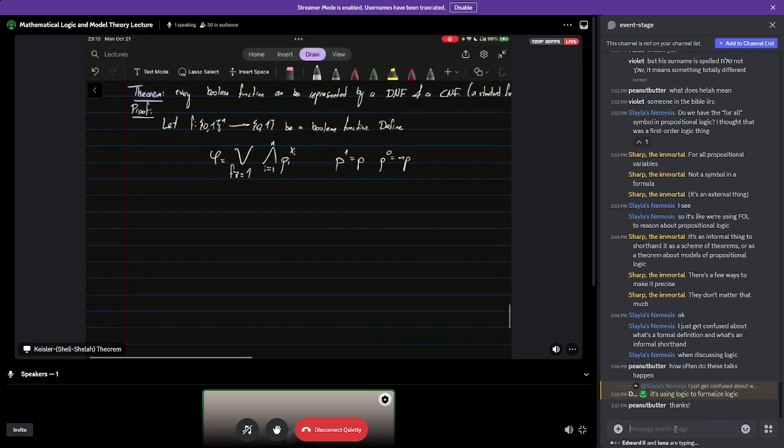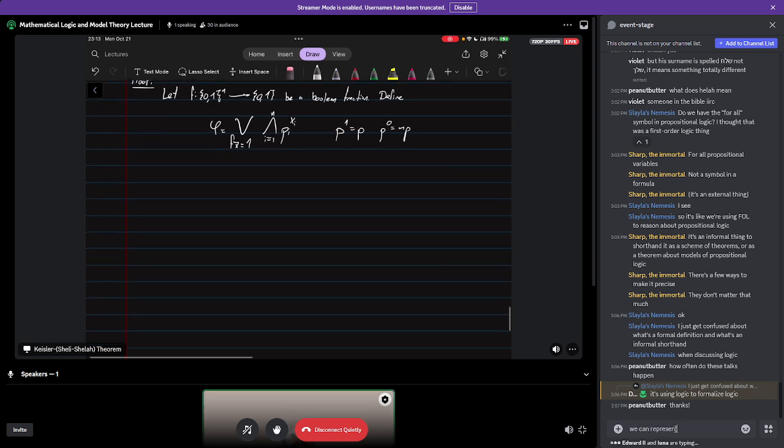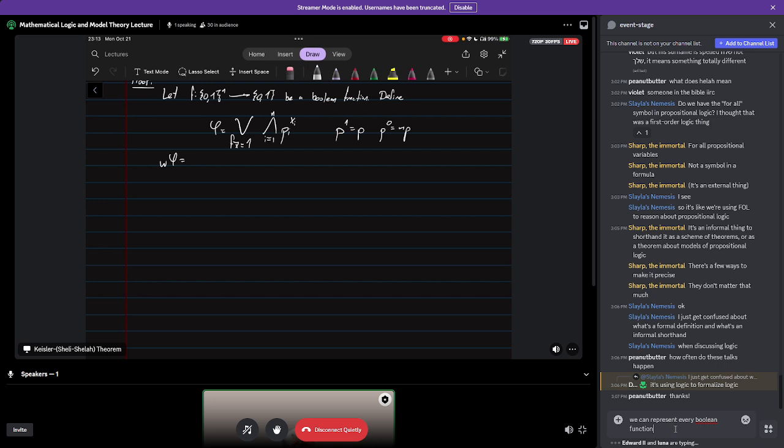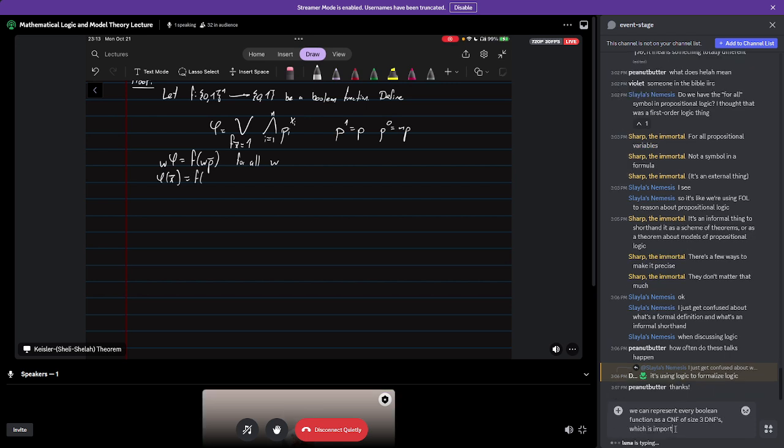Okay. Now all we need to do is prove that phi represents f. So pretty much what we need to do is prove that W(phi) is equal to f of W(p) for all W. This is another way of saying that f of x is equal to f of x, right?